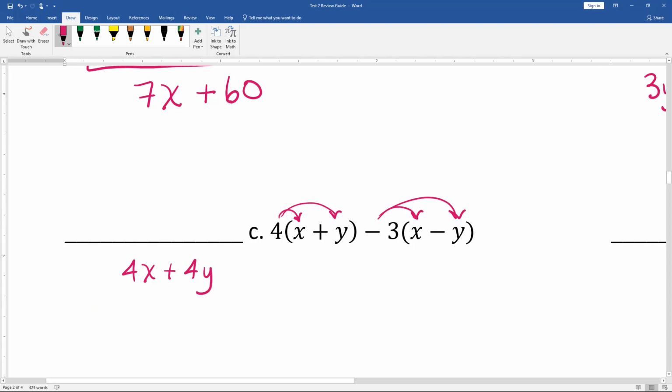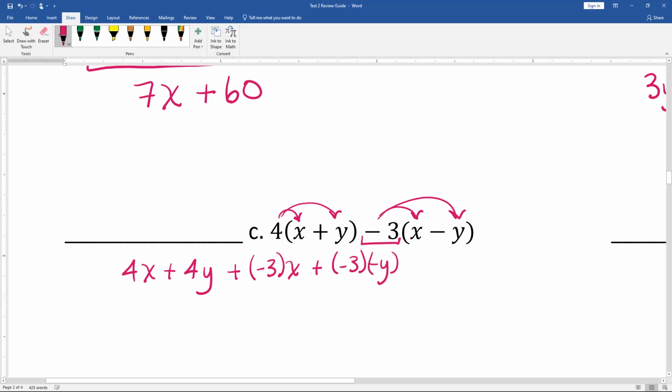But you're distributing a -3. This is where you have to take the sign with you. Because this is, I'm going to keep this a plus and I'm going to do -3 times x. And then a -3 times a -y.